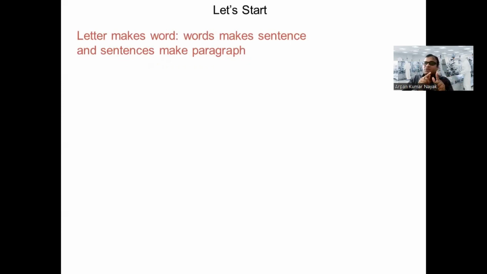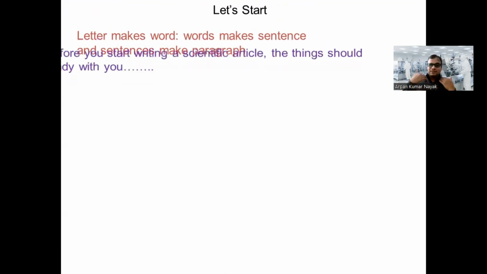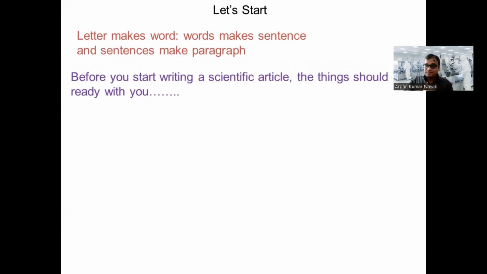If we join some letters, the letters give you words. If you join a few words, the words give you a sentence. If we add sentences, it gives you paragraphs. So those paragraphs we have to write.